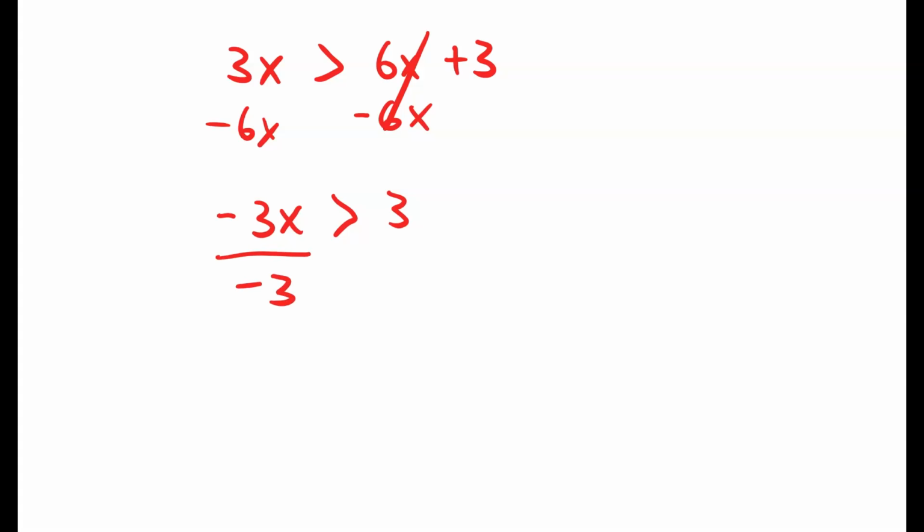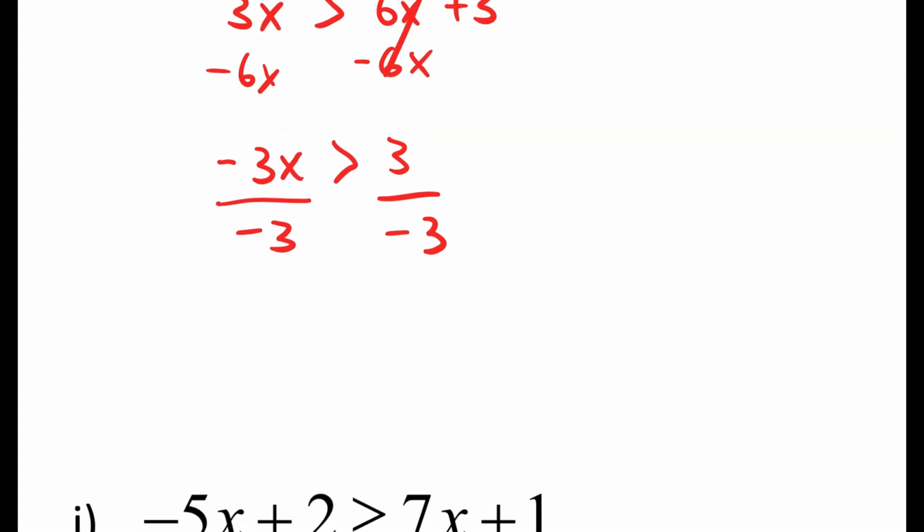One thing to pay attention to is we did not flip the symbol for adding and subtracting when we are moving it to the other side. But when we're doing division or multiplication, we have to flip that symbol in the middle so that it's facing the other direction.